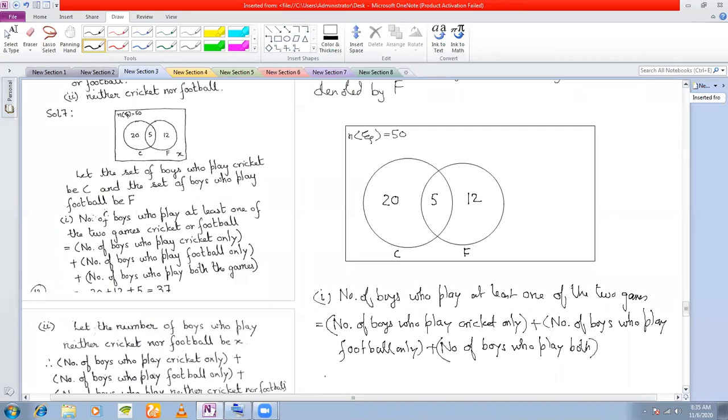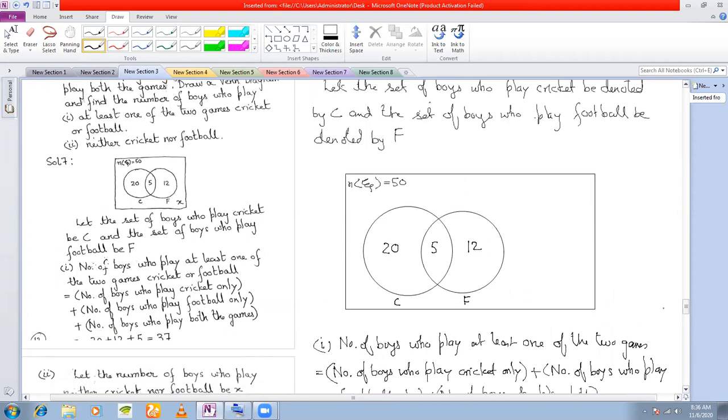Cricket only is 20, football only is 12, both is 5. That's 37, the number of boys who play at least one of the two games. So I hope this is clear.